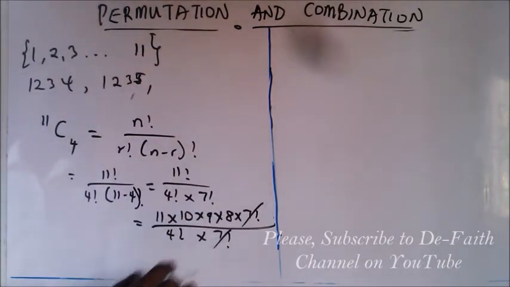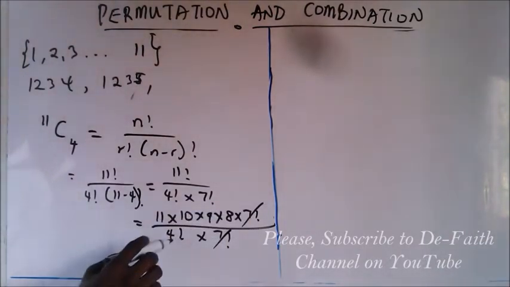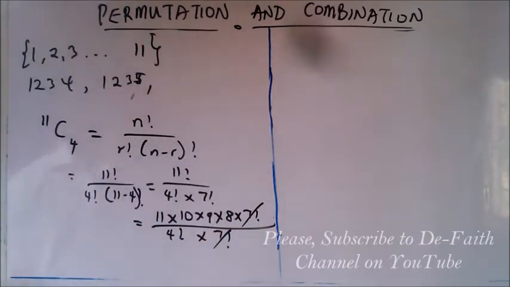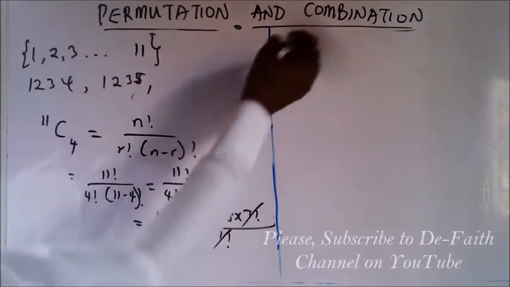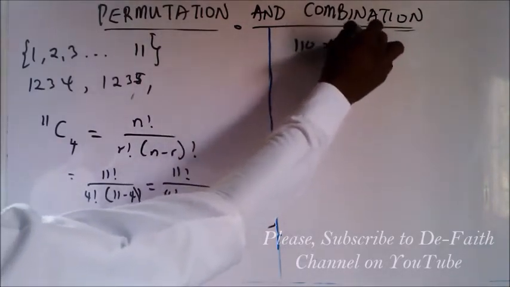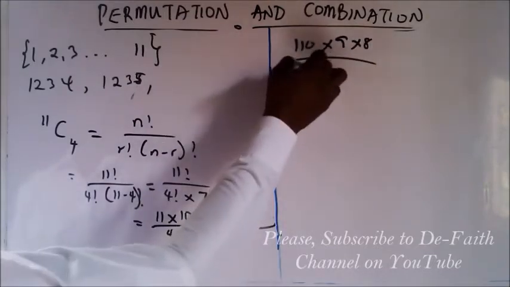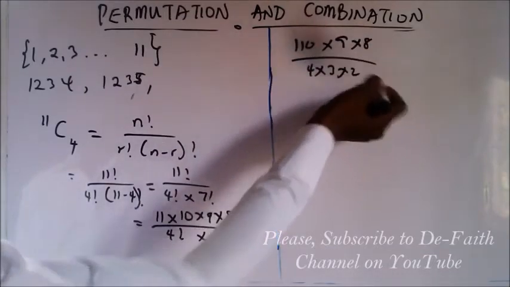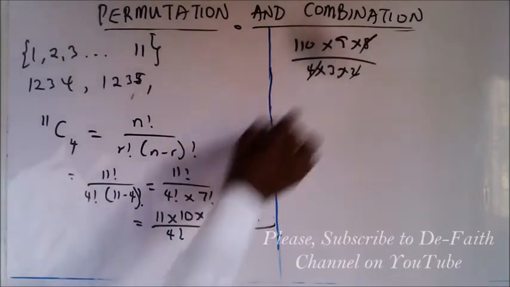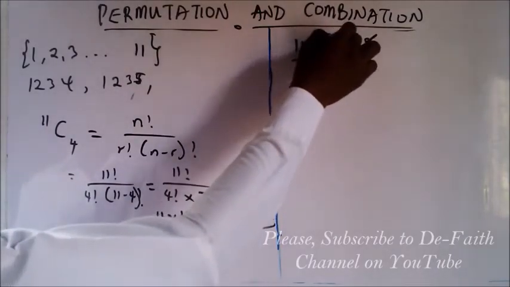So 7 factorial cancels 7 factorial. Next we have 4 factorial here, so when we multiply this out, we have 110 times 9 times 8 over 4 factorial, which is 4 times 3 times 2 times 1. And so 2 times 4 cancels 8. 3 here, we have 3 left there.